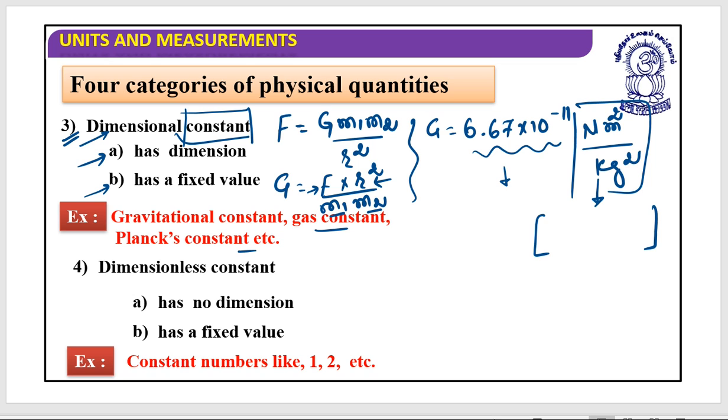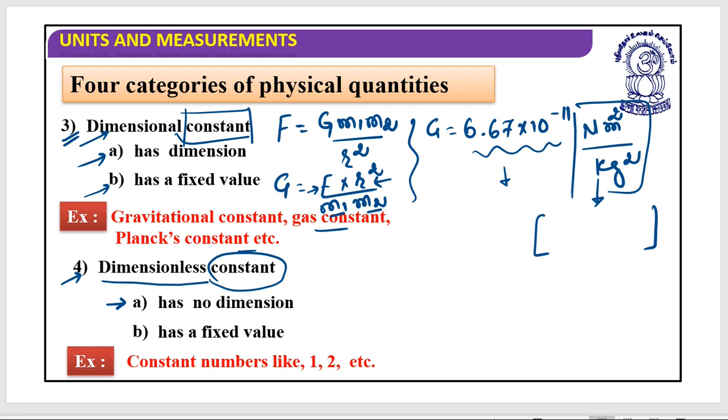Try to remember. And the last category is the dimensionless constant. That means they have a fixed value, that's why it is called a constant. But they are dimensionless. They do not have any dimensions. So what are they?